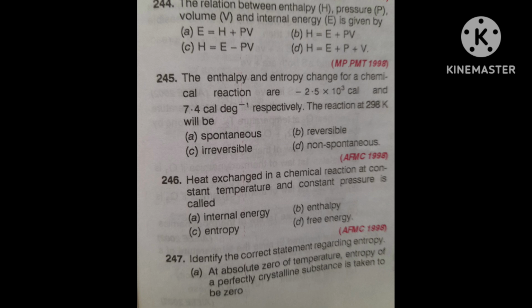Hence delta H is equal to delta E minus half RT, which means delta H is less than delta E. Hence the correct option is option B.